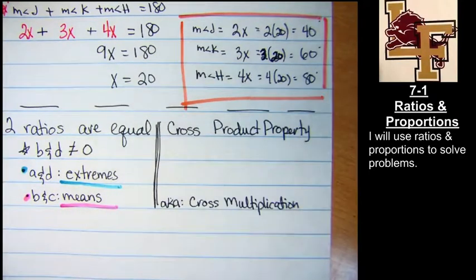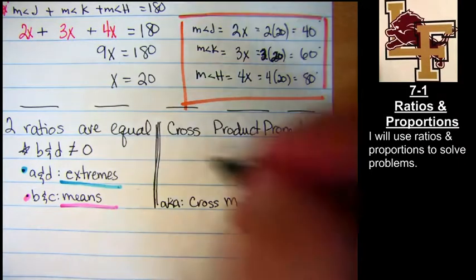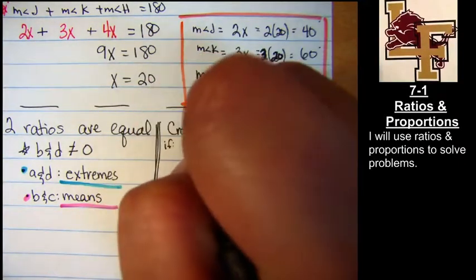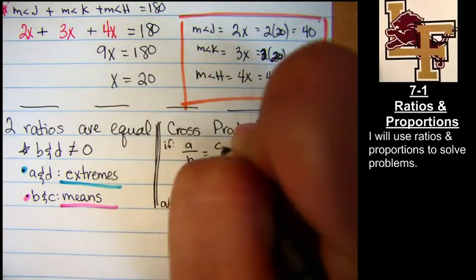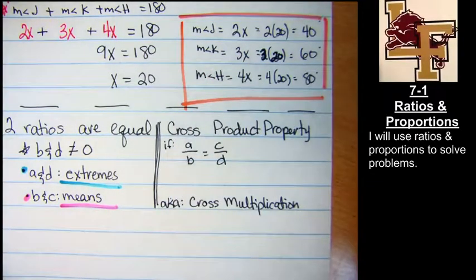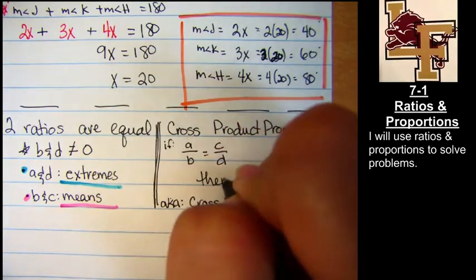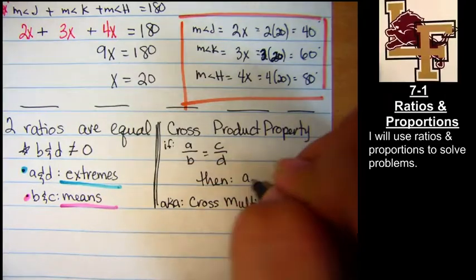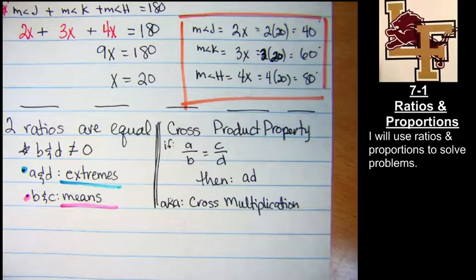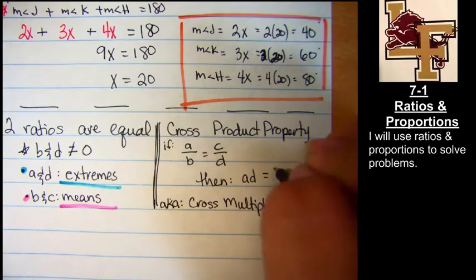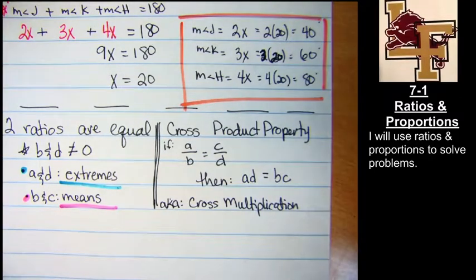The word product just means multiply. All right, so the cross product property says this. If I have two fractions and they're equal to each other, then all I have to do is take the extremes, multiply them together, and set them equal to the means multiplied together.